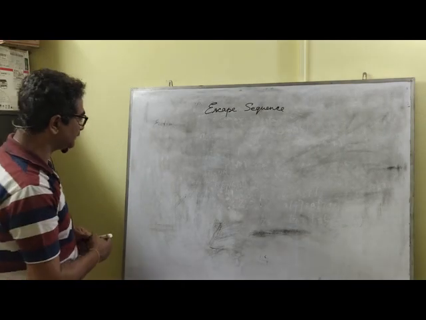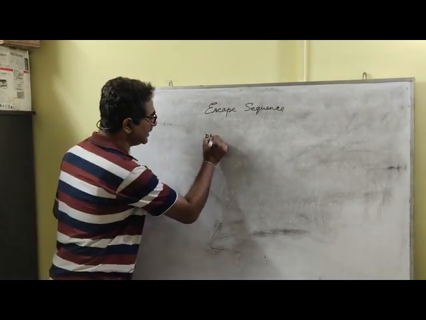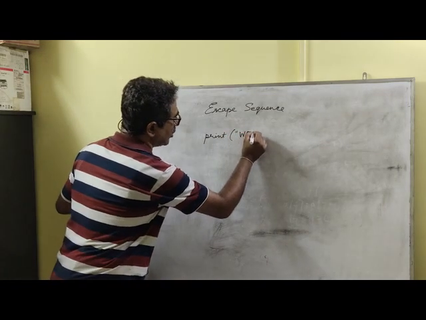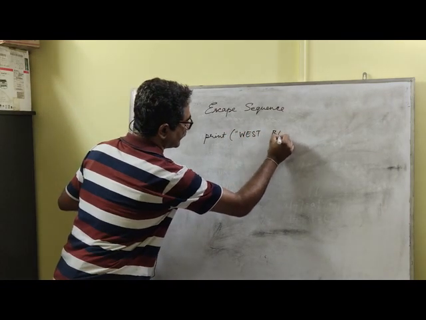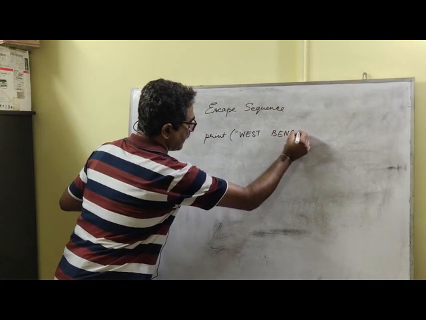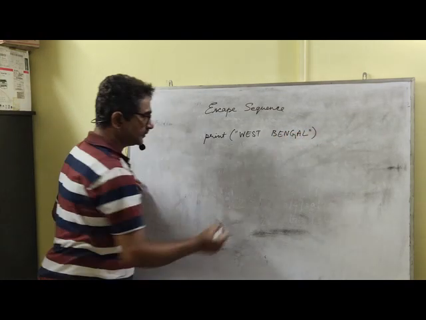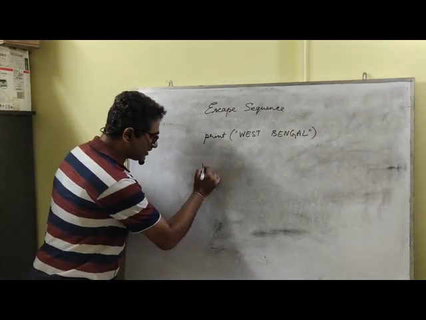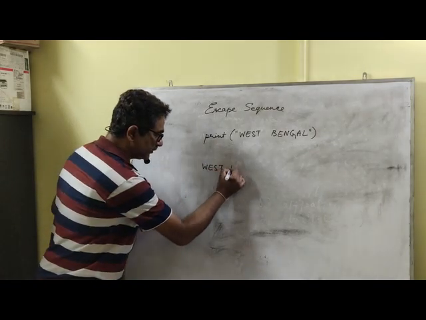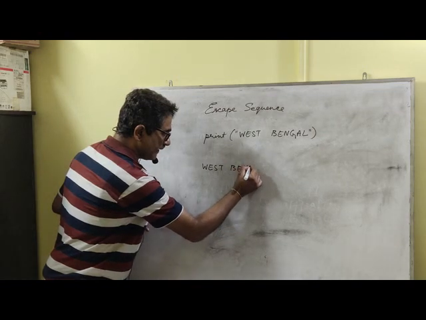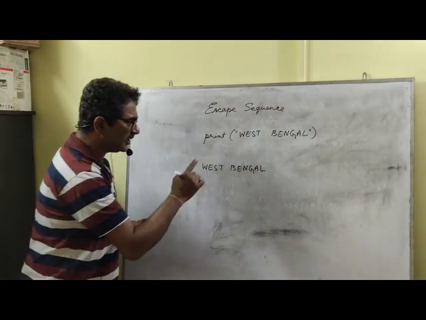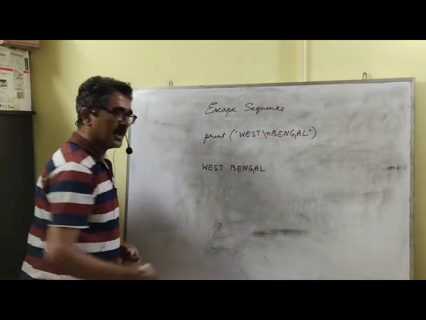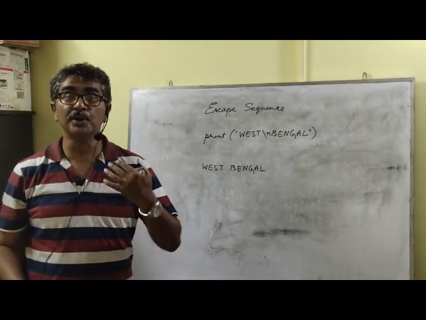I'll give you an example. Suppose I write print, and within quotes I write West Bengal. When you run this program, of course you're going to get West Bengal. Now I use an escape sequence called \n. \n indicates a new line.